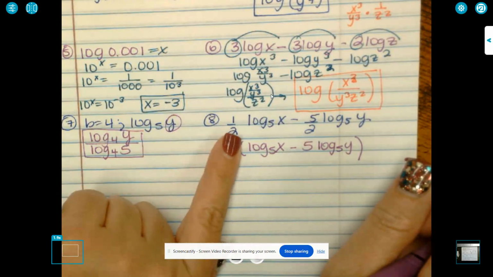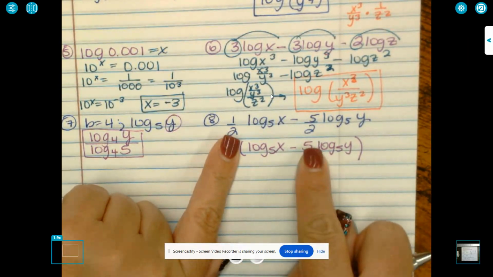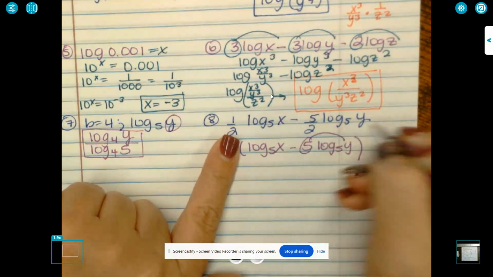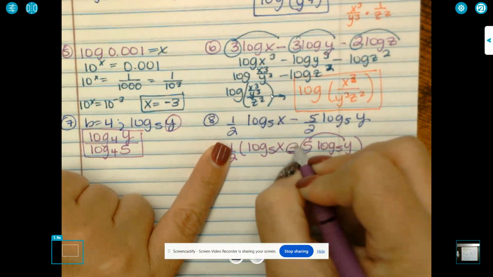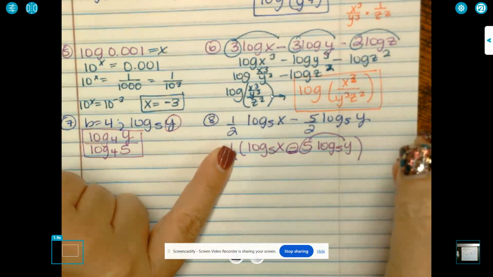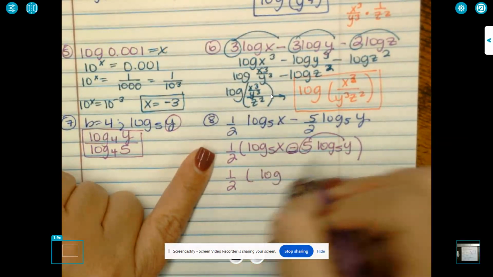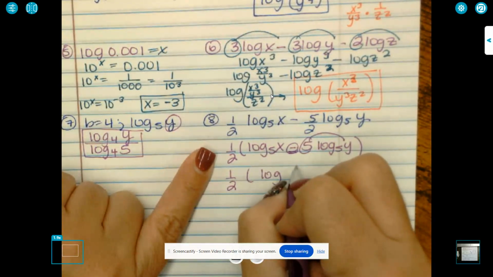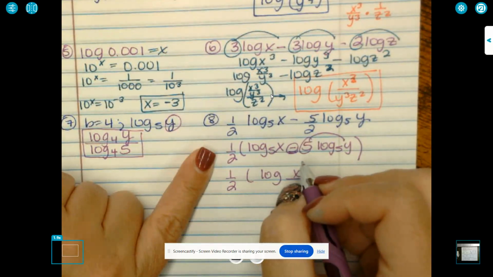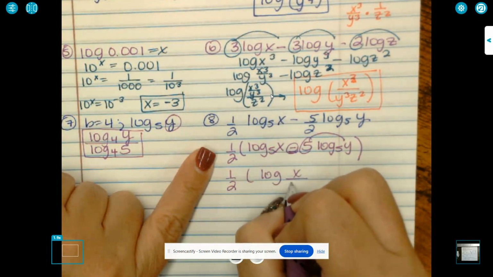Okay, so let's leave the 1/2 alone and let's simplify in here first. So I'm going to go ahead and move this 5 up, and we're dividing, so we're subtracting, so I'm going to divide. So that's going to still be a 1/2 out front, and this is going to turn into log x over y to the 5th.